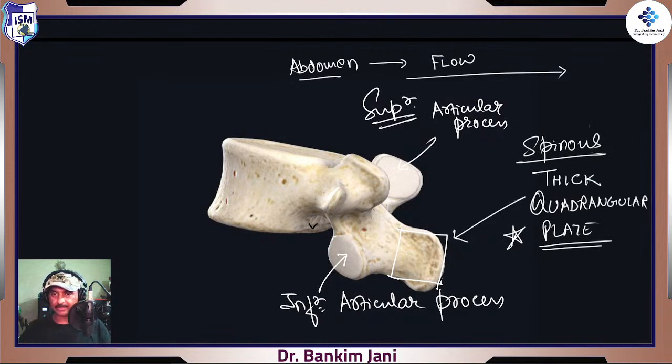As we said, when we learn one muscle, we learn something associated with that muscle, then the third, the fourth, so that it becomes easy for us to understand. In thoracic it is more prominent. So let's move on.